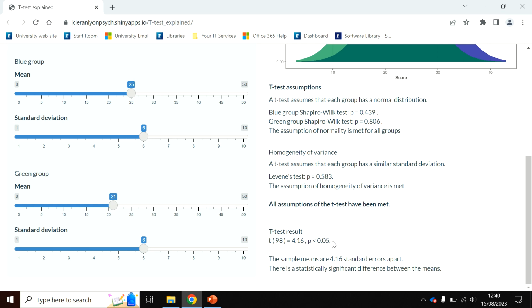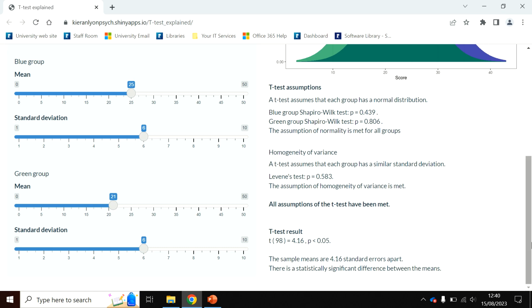Because it's unlikely to see this difference if there is no difference in the population, we take that as a sign, statistically significant, a sign that there is a difference between the means. And so that's what the p of less than 0.05 means.